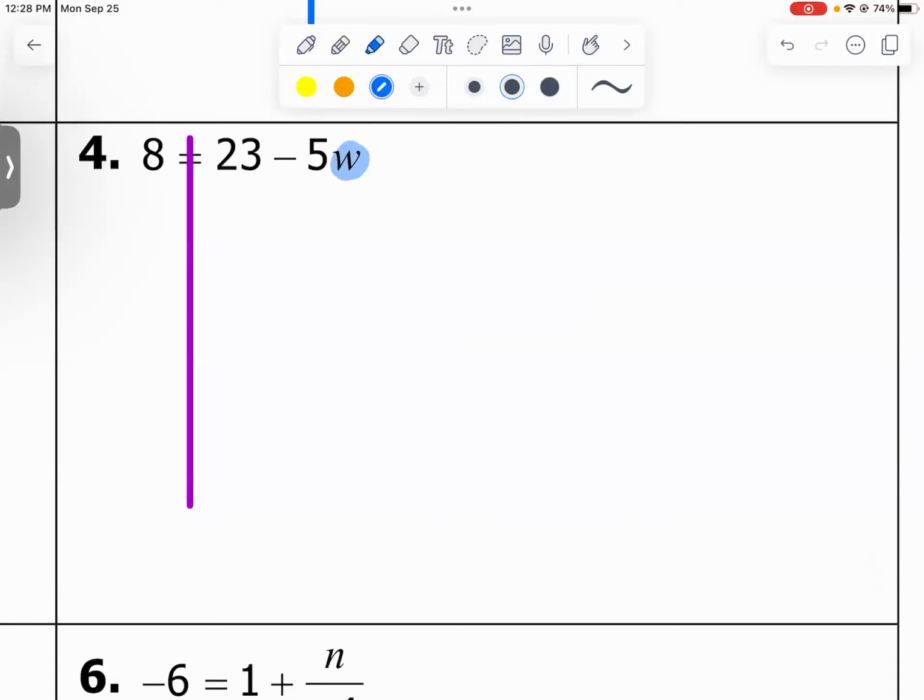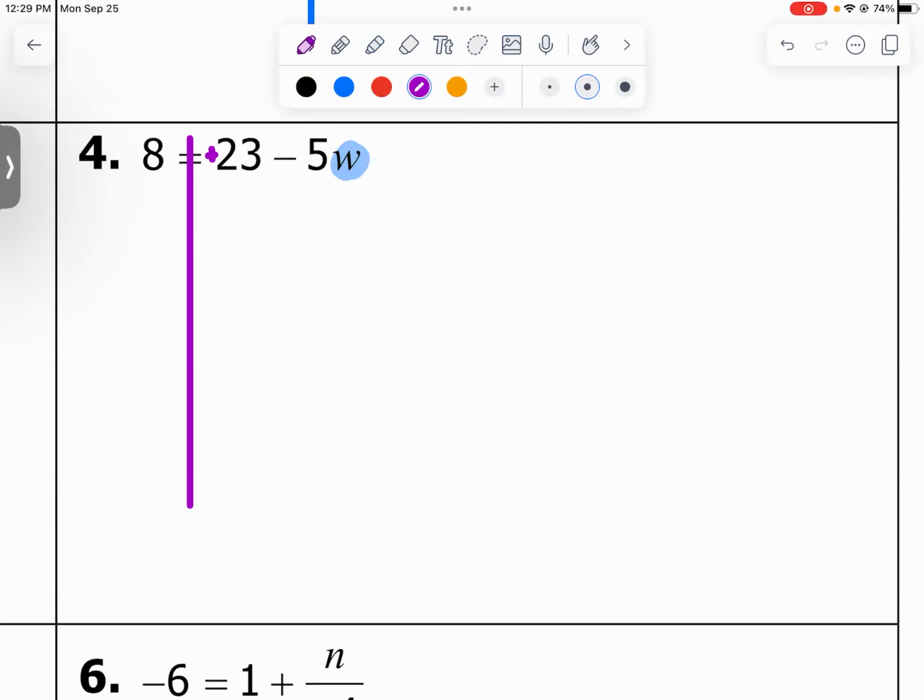Okay, raise your hand if you know which number we need to move first. Giselle. Okay, 23. I know that there's a subtraction right here, but what's in front of the 23? Okay, 23 is a positive. So I'm gonna just write in a little positive here.